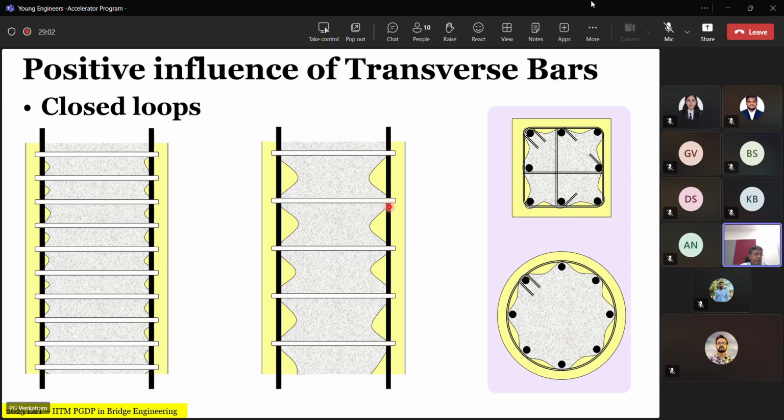So what should you take away from this? You must always detail the closest possible provision of ties that you can give. Closest possible spacing of ties is the best, but of course you have to keep it within the limits of practicality.